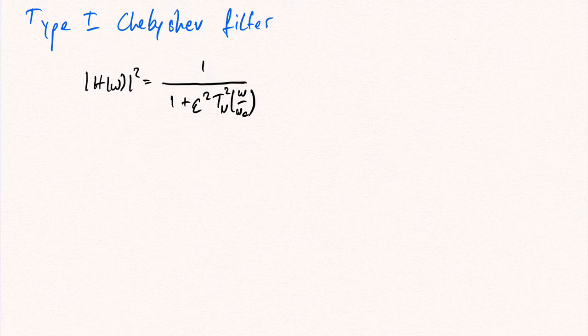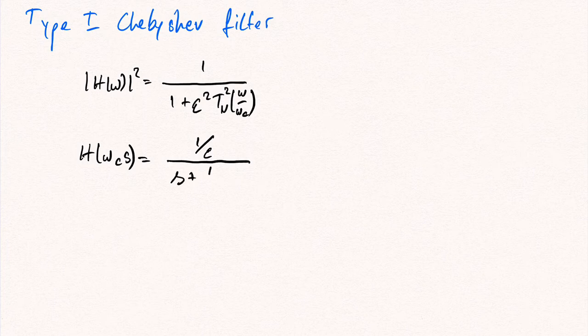By choosing epsilon small, we can ensure that the ripples in the passband decrease. The transfer function of the first order type 1 Chebyshev filter in normalized s is given by H of omega c s equal to 1 over epsilon divided by s plus 1 over epsilon.